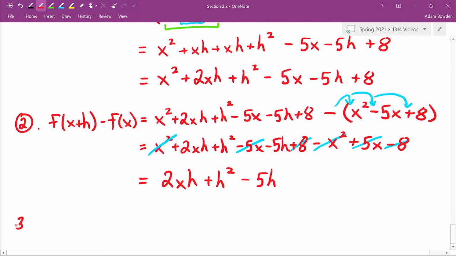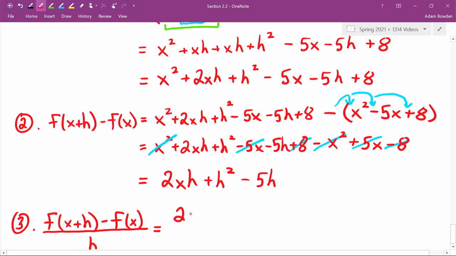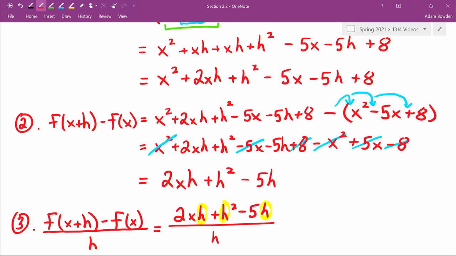The last step is to put this all together into the difference quotient. F of x plus h minus f of x all over h. So up on top, we take what we just wrote down from the last step, and we write that all over h. Now the next thing to notice is that everything on top, all three terms, have an h in common.